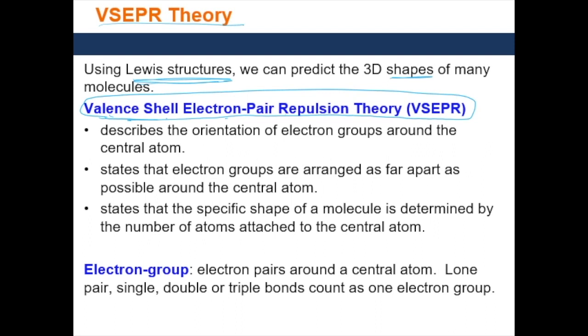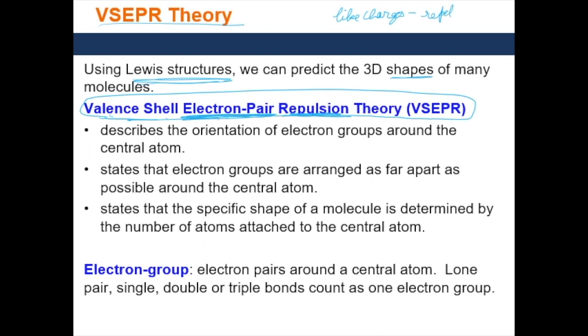What does this theory suggest? This theory suggests that whenever there are valence shell electrons present in pairs, those electrons try to repel each other. Remember, like charges like to repel each other.